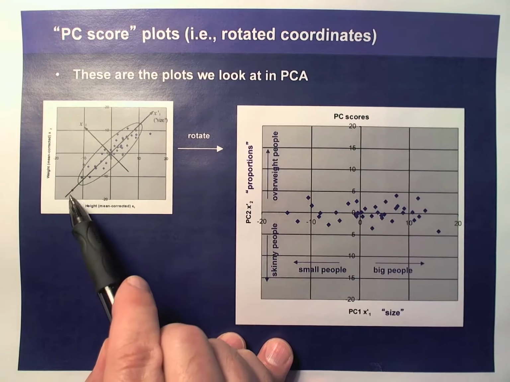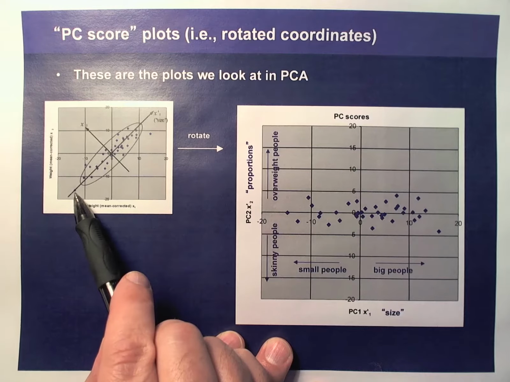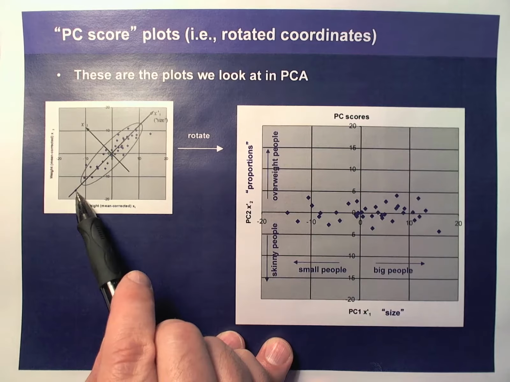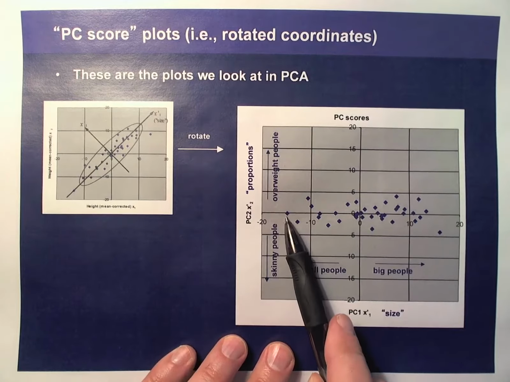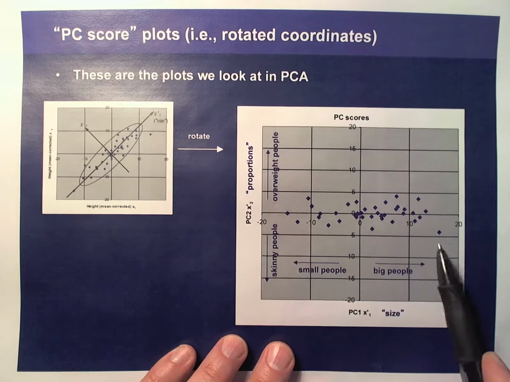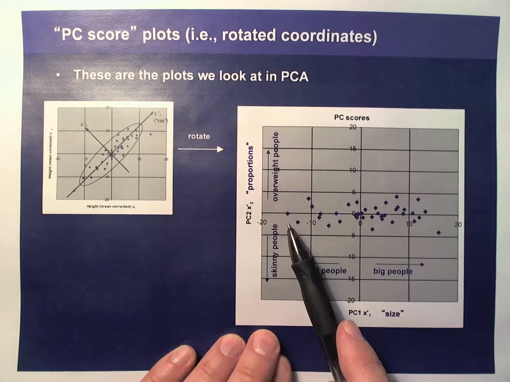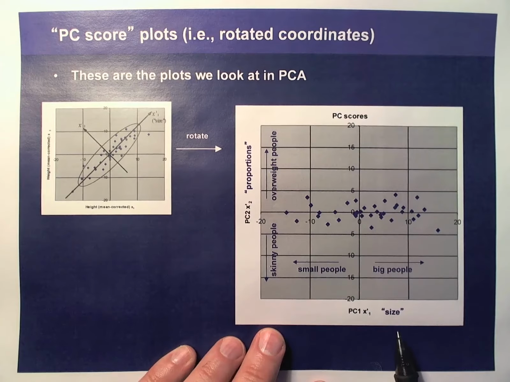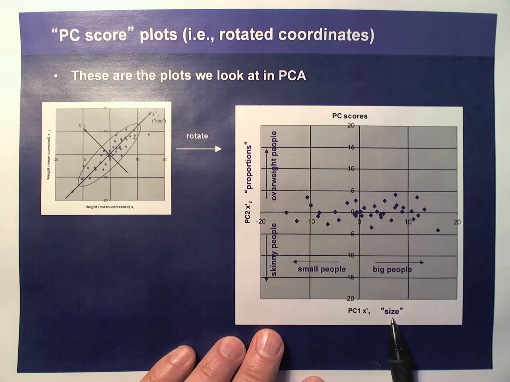Somebody down here is both short and doesn't weigh very much. That's this person here. So you would just call this person small, and maybe that's a little child, and maybe that's a basketball player or something. Okay, so you can now give an interpretation to this axis. This horizontal axis is really talking about the person's size, the overall size.